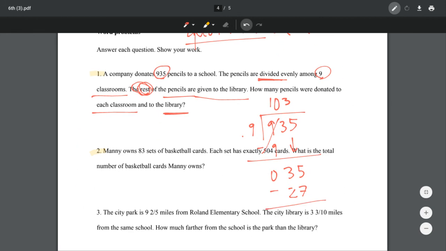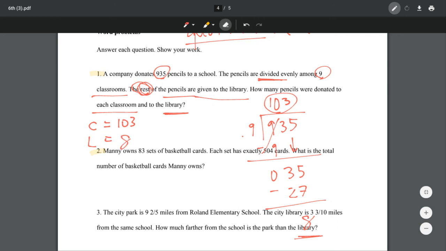Subtract. What do you get? 8. Does 9 go into 8? No, it doesn't. So our remainder is 8, and our quotient is 103. So let's write it. C for classroom, 103 pencils were donated, and for the library, 8 pencils.